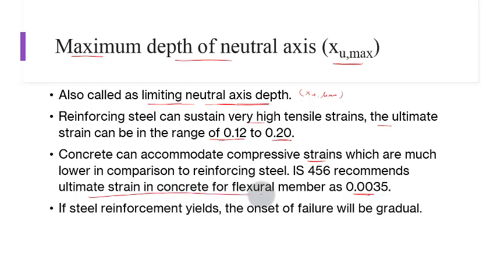The final collapse of a normal beam at the ultimate limit state is caused inevitably by the crushing of concrete in compression, regardless of whether the tension steel has yielded or not. If steel reinforcement yields, the onset of failure will be gradual, giving ample prior warning of the impending collapse by way of increased curvatures, deflections, and cracking.